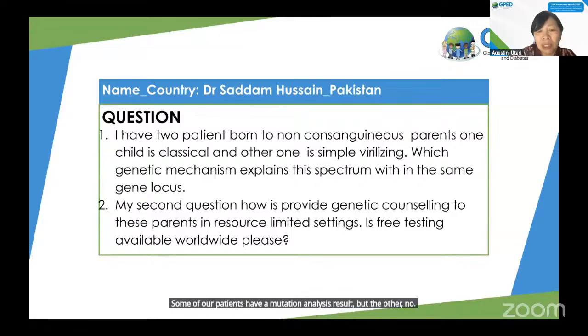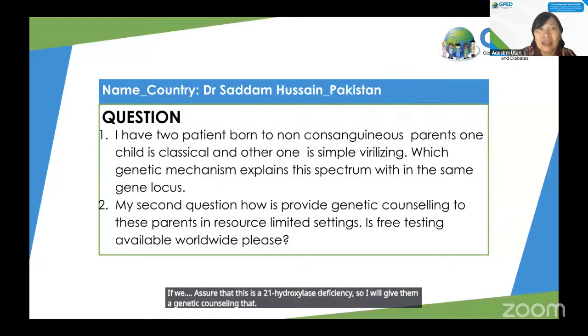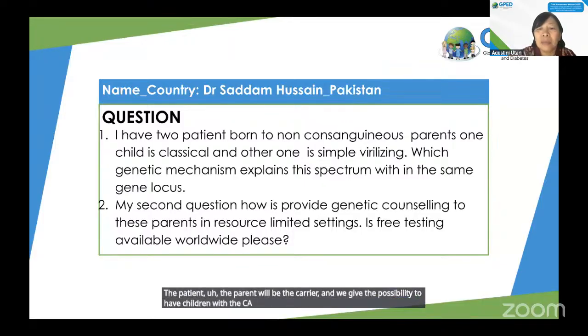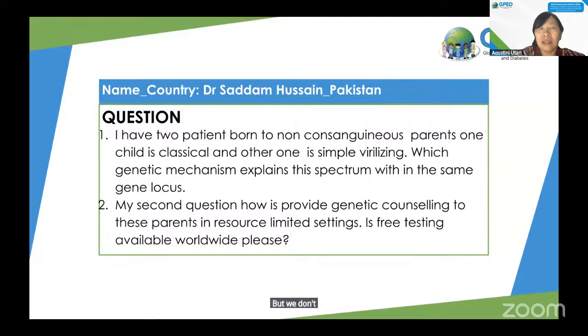So when we don't have the mutation, if we are sure that this is 21-hydroxylase deficiency, I will give them genetic counseling that the parents will be carriers, and we give the possibility to have children with CAH, but we don't give them the result of the mutation if we don't have it.